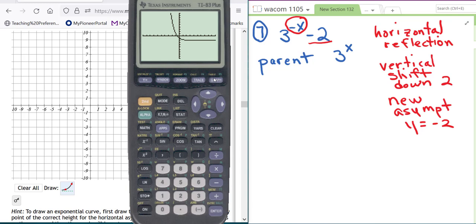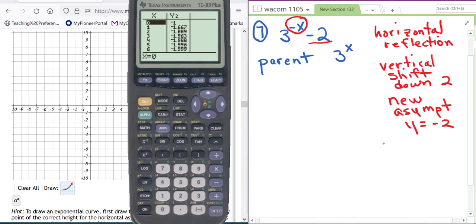That's the one I want. I am going to go to second table to get my points. I do want the point that will make this piece 0, and it will be 0 itself. So I want 0, so it will be 0, -1.